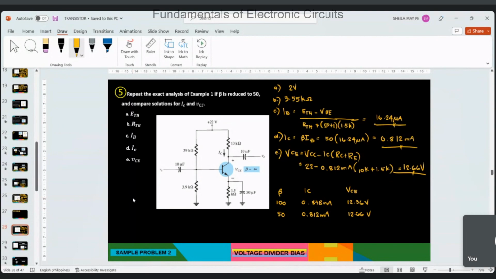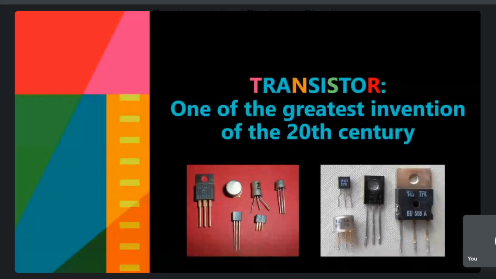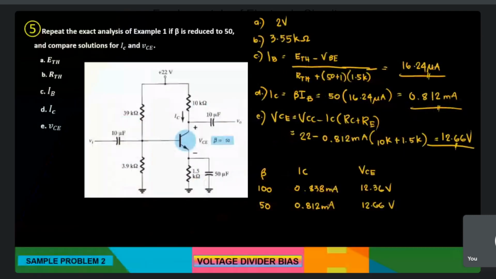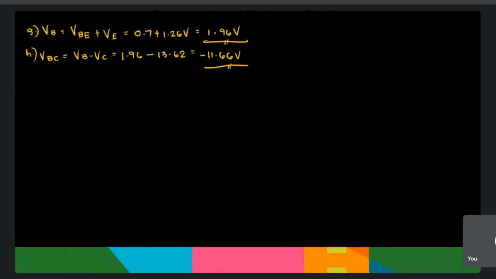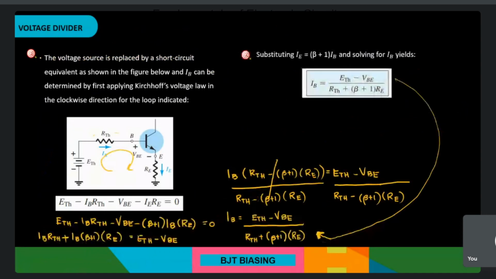Now, when you look at that observation, you can see that there's not much change when it comes to our IC and VCE.